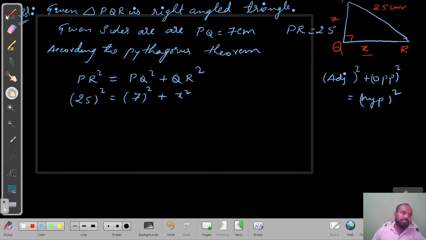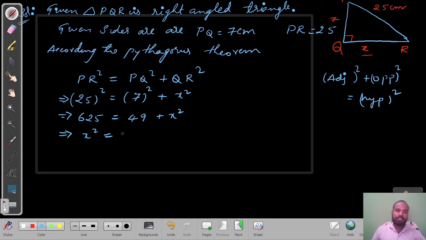Now just solve it, simplification. It is very simple. 25 square is 625, and 7 square is 49 plus X square. So our next step is X square equals 625 minus 49.